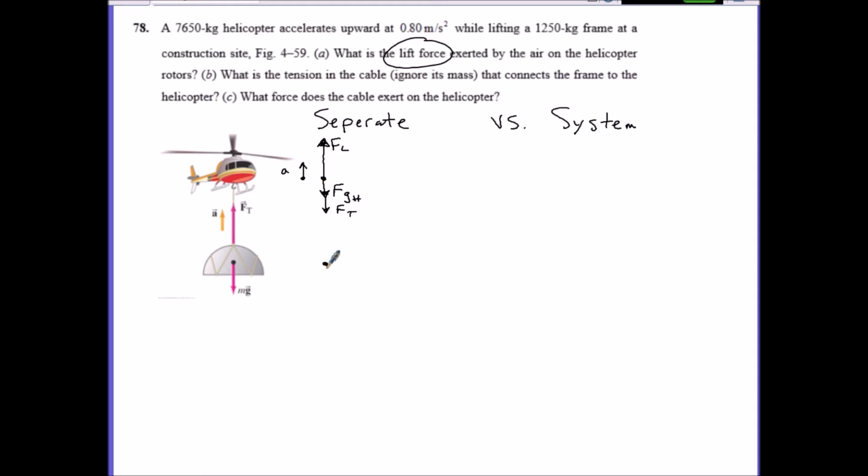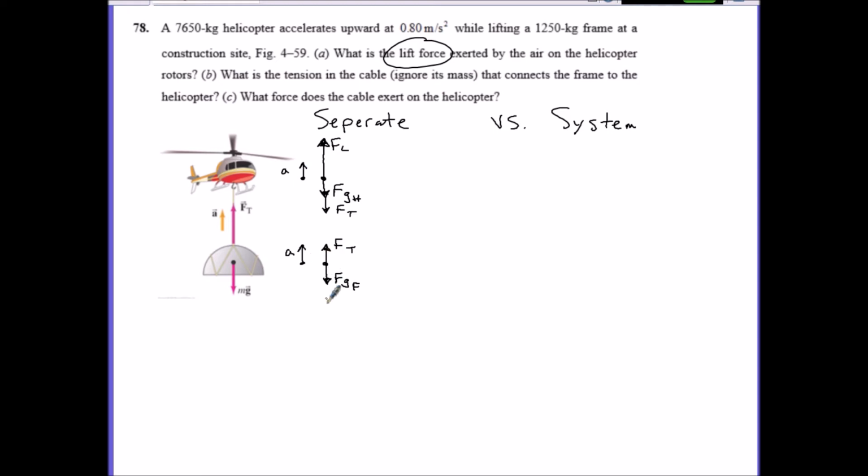Now, down here, if we take a look at the frame, we have a weight force acting on that frame. Let's call that Fg sub f, and we have a tension force that's lifting that frame upward. And it's important to notice, I do have an acceleration upward. That's the same value as the helicopter. I should have drawn that a little bit larger.